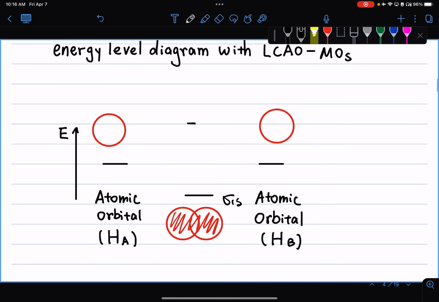At the same time, it forms an anti-bonding MO where there is a node in between the atoms. And that is our anti-bonding MO. We denote it with a star on that molecular orbital.